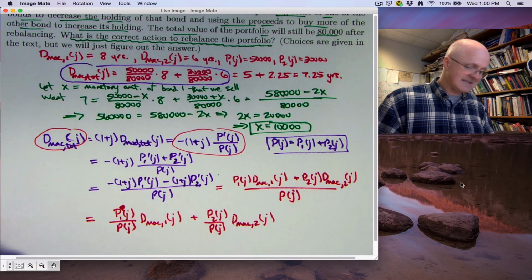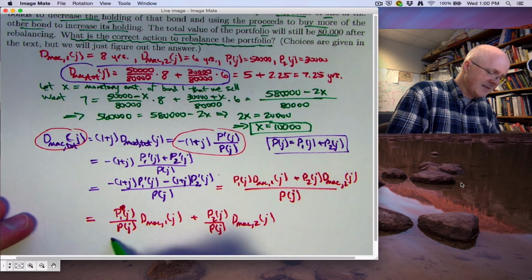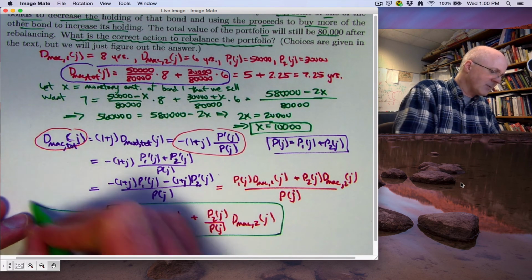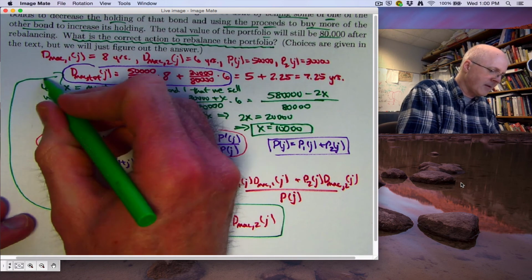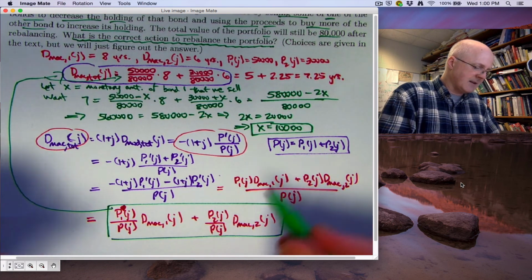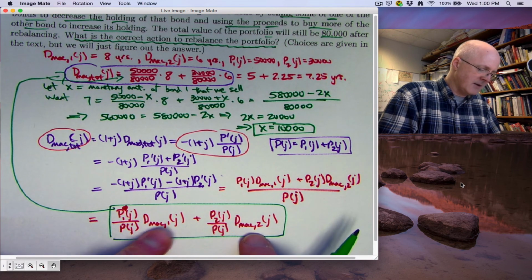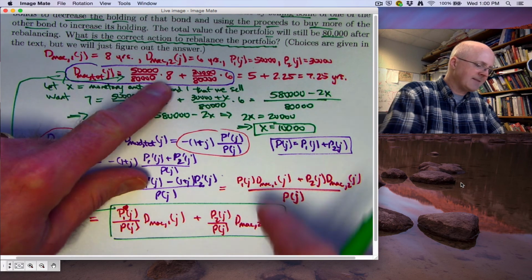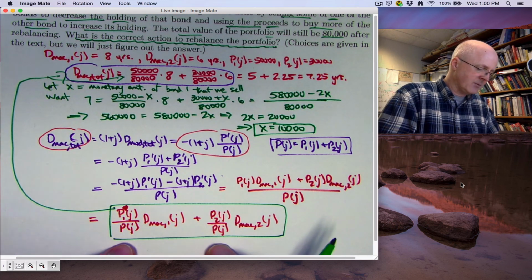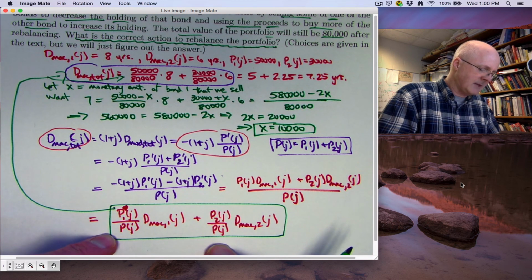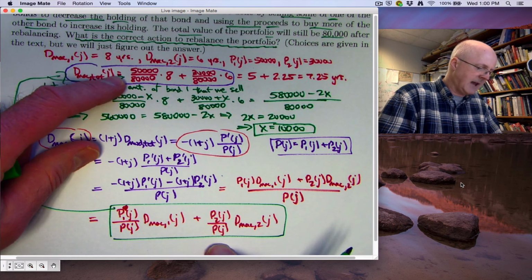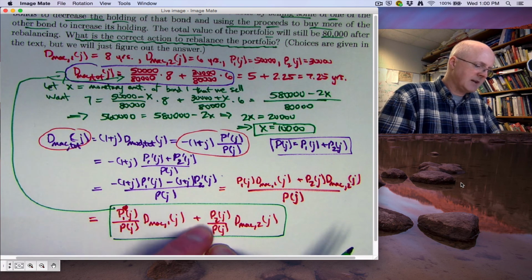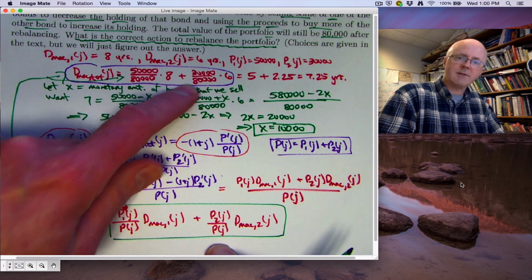That is the exact same kind of thing as what you see up here. You've got a linear combination of each Macaulay duration individually, d mac 1 and d mac 2, that's the 8 and the 6 up here. You've got these ratios, P1 of j divided by P of j is the 50,000 divided by 80,000, and P2 of j divided by P of j is the 30,000 divided by 80,000.